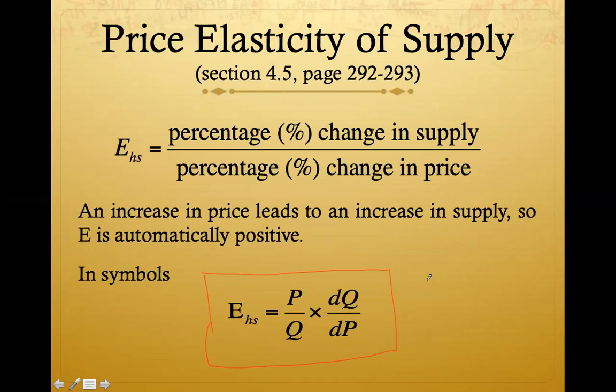Or if we have P as the main function, we can differentiate dP by dQ and flip it, so 1 divided by dP by dQ times P by Q. This is actually the same formula.